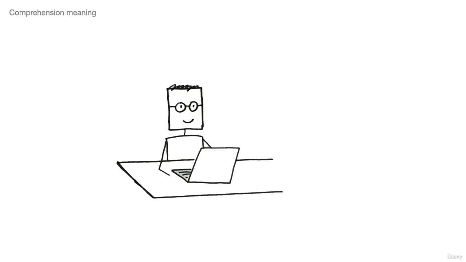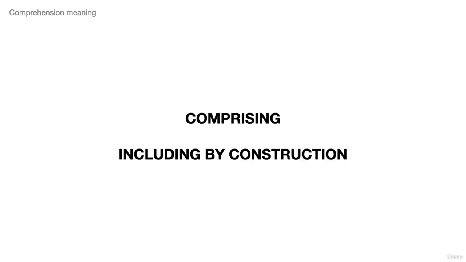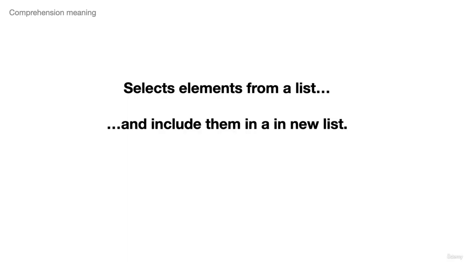So I started searching for the name origin and found that comprehend has more meanings, like comprising or including by construction. The way I understand it is as follows. A comprehension is an expression that selects elements from a list and includes them in a new list.